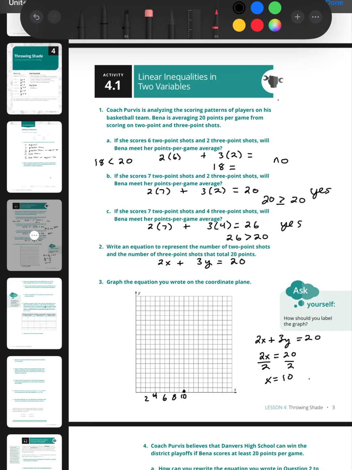So I'm going to say my x-intercept's right there. And then for my y-intercept, when we plug in 0 for x, we're left with 3y equals 20. So we're going to divide 20 by 3, and we're going to get 6.67.